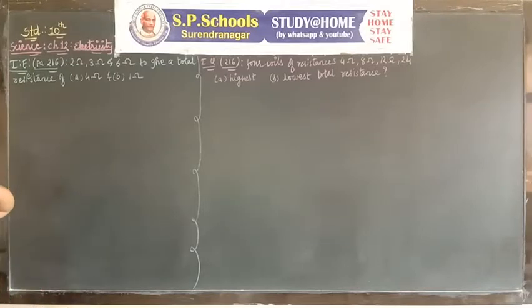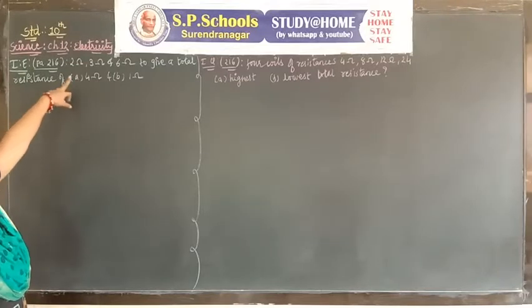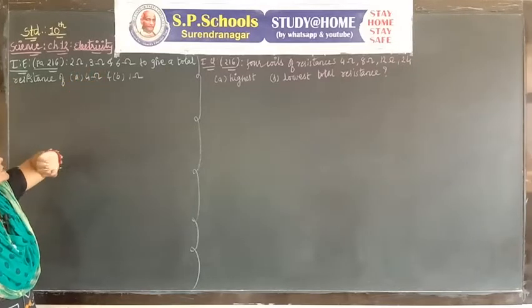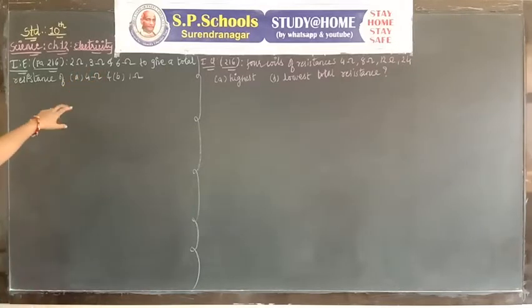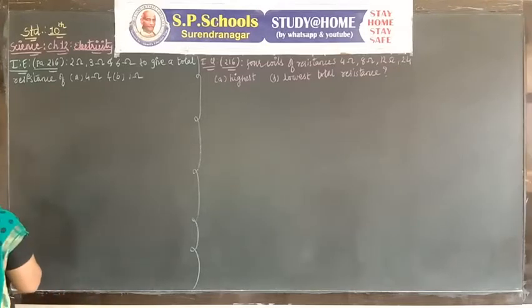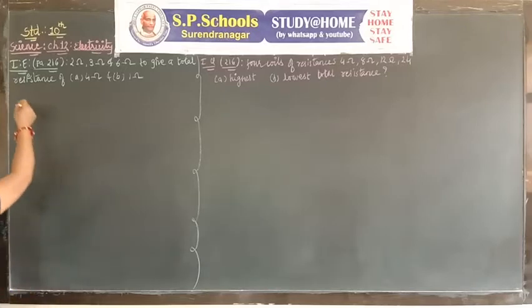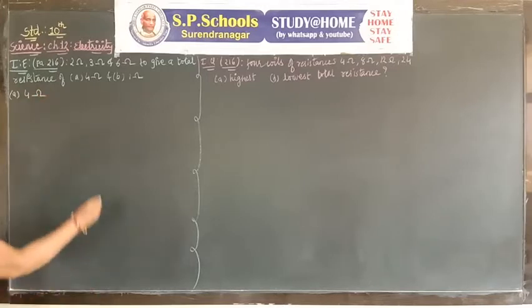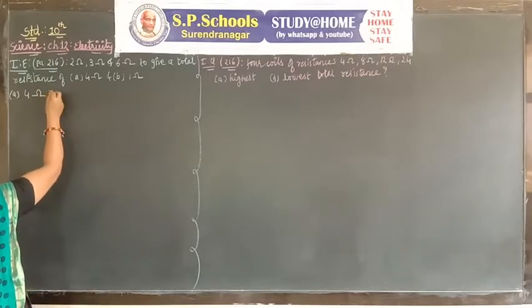If we think, suppose we connect all in series directly, 2 plus 3 plus 6, it will be a higher value than 4. So first, in case of A, we want 4 ohm resistance.